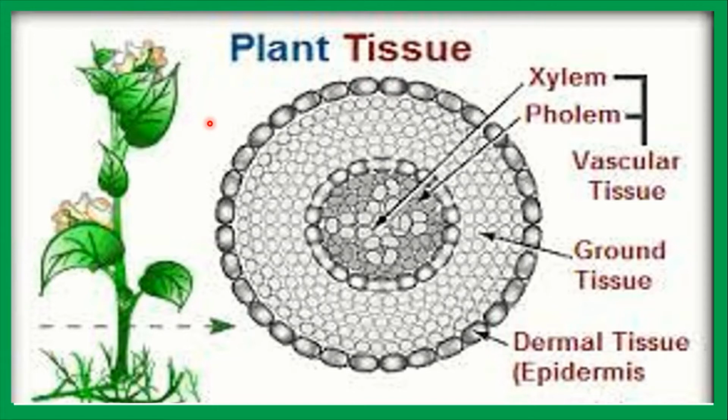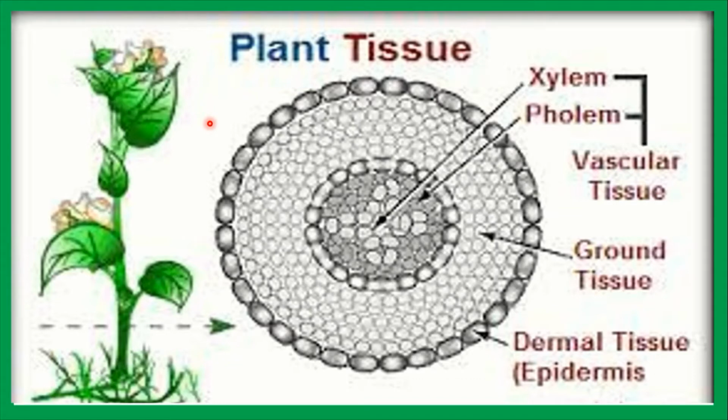And you know that scientist Robert Hooke discovered the cell in 1665 while he was examining a thin slice of cork in his own microscope. But you know that the functions of unicellular and multicellular organisms are performed in different ways.